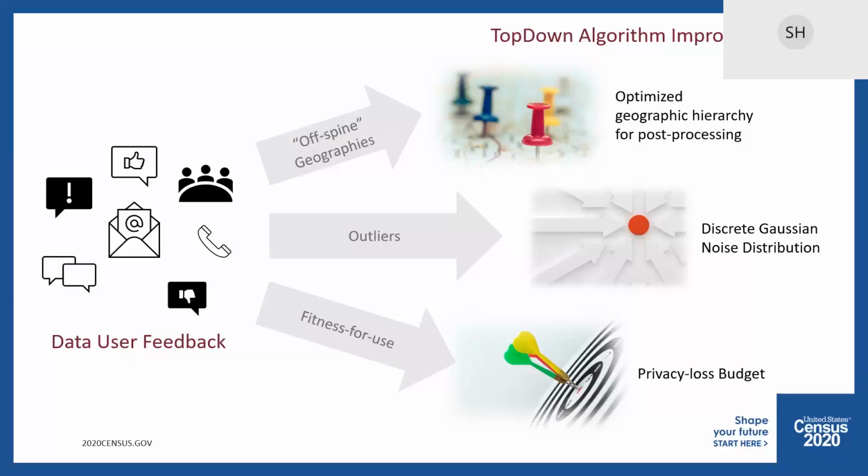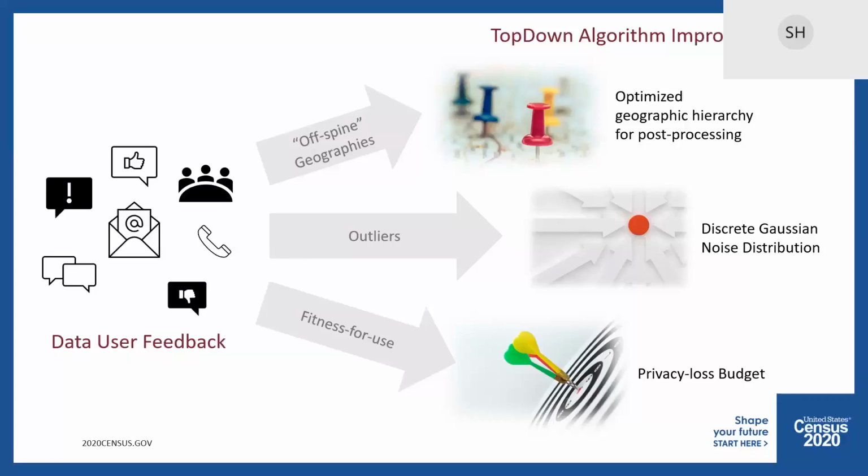So one of the things that we have been hearing from our data users is that they wanted to see greater accuracy for these, what we call off-spine geographies, the ones that don't follow those normal tabulation geography boundaries. So one of the things that we changed in the recent set of demonstration data is we implemented what's called an optimized geographic hierarchy for post-processing, or an optimized spine.